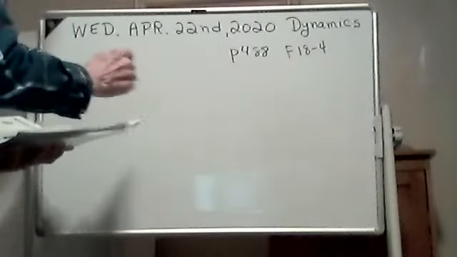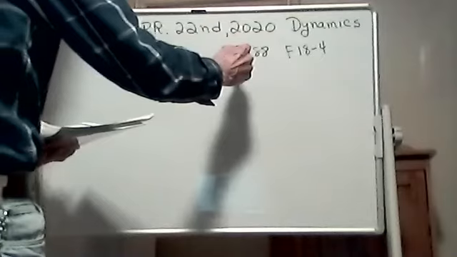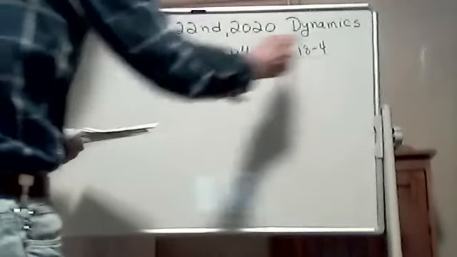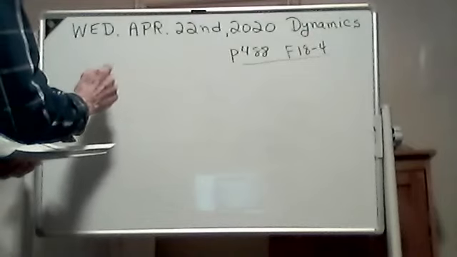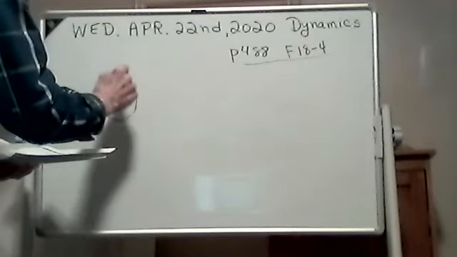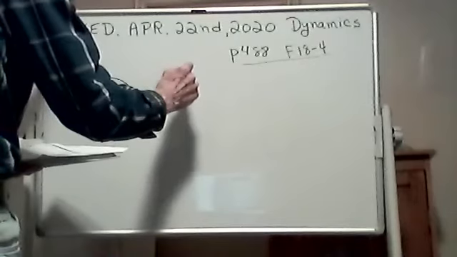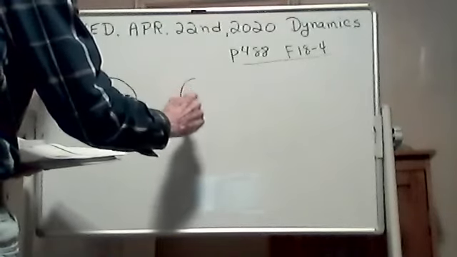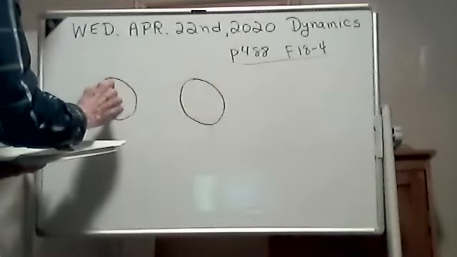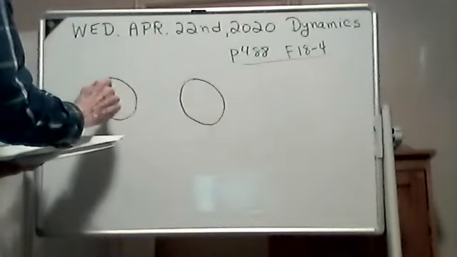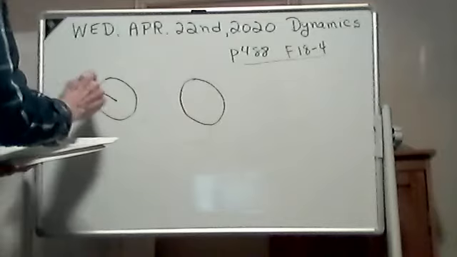So here, let me draw my 2 diagrams. Okay, if you just tuned in, we're doing F18-4. It's on page 488. And there are 2 diagrams, and here they are. This is at 30 degrees.